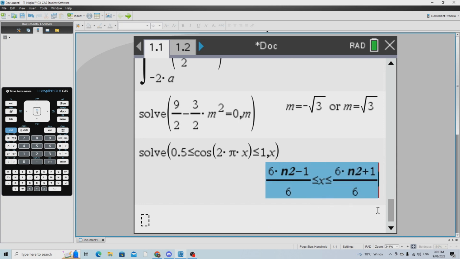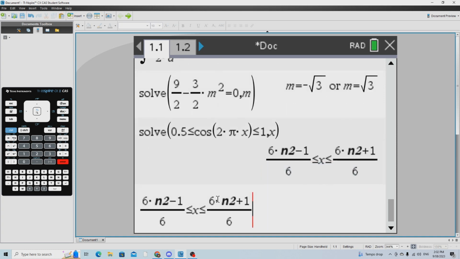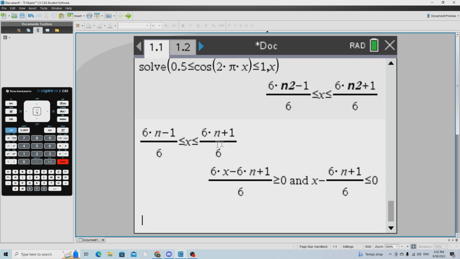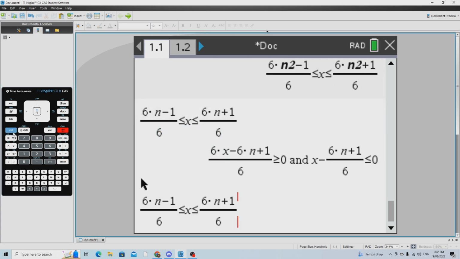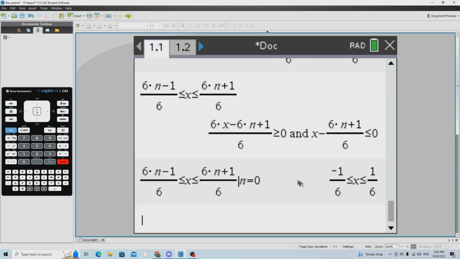With these two general solutions, let's try to sub in n equals 0 first, and see if it's one of those answers. So n equals 0, and we get negative 1 over 6 to 1 over 6.